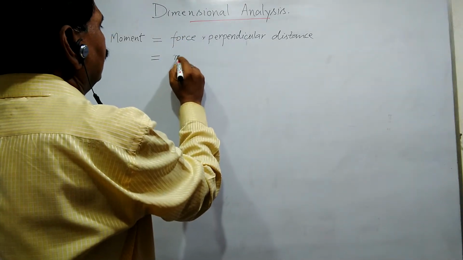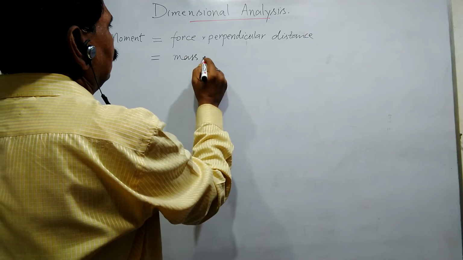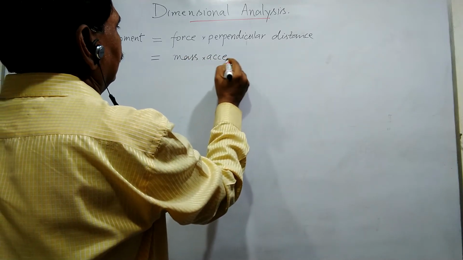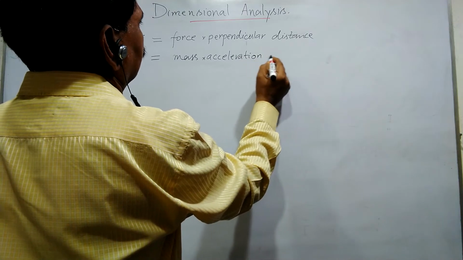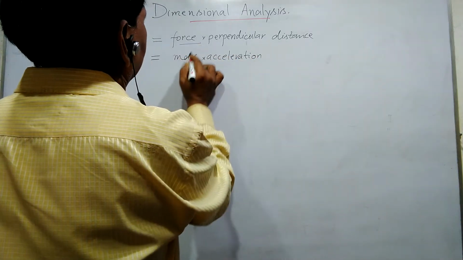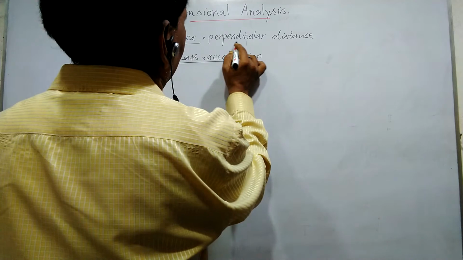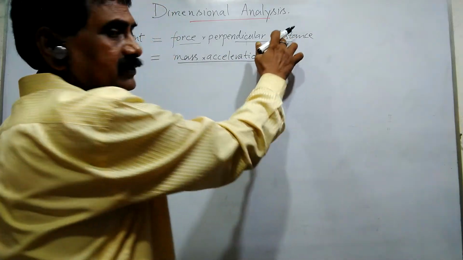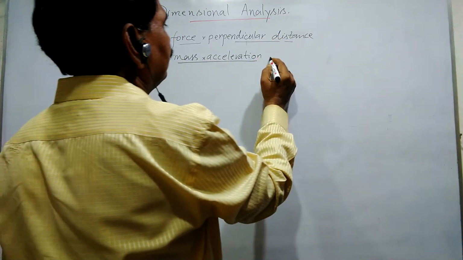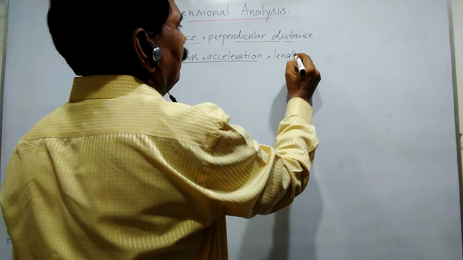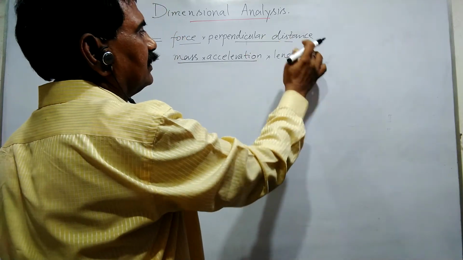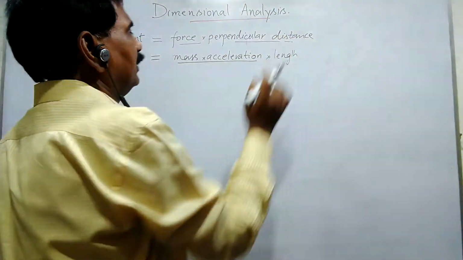That was mass into acceleration. Now perpendicular distance, this is what? Distance, that means in terms of length, the fundamental physical quantity.